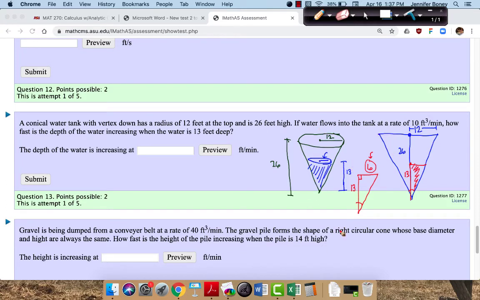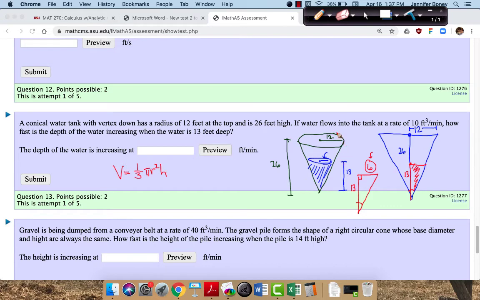So not going through this whole problem, but I'll just point out while we're here. Volume of a cone, like other pointy shaped things, has a 1/3 in its volume formula. So 1/3 pi r squared times the height. So this can be the height and the radius of something that's forming a conical shape, like the water inside this, or it can also be the volume of the entire cone.